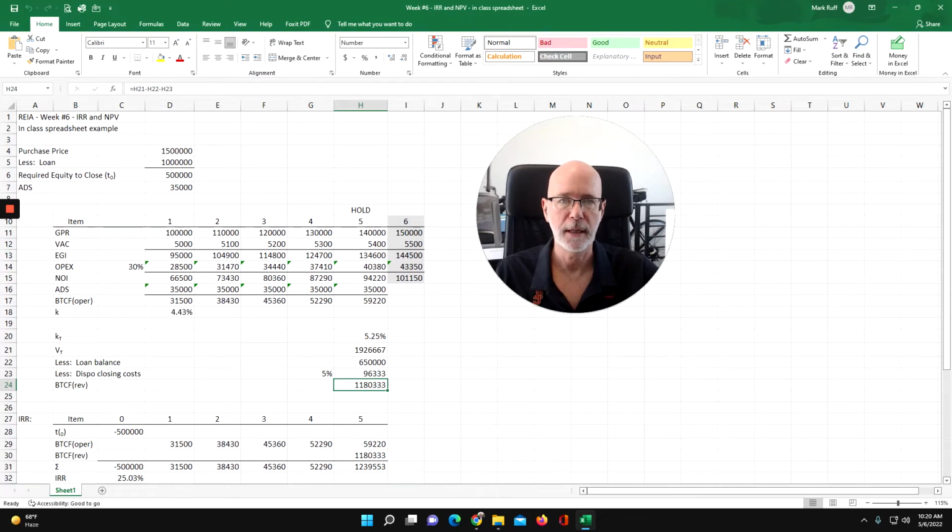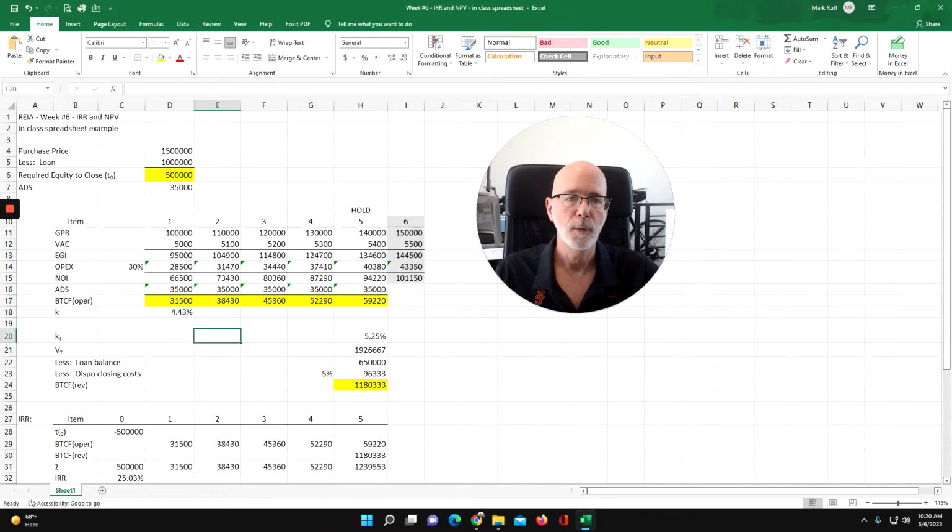Therefore, what we've done here is we've essentially underwritten 3 buckets of money. The first bucket is our time 0 amount to close, which we said is $500,000. Our second bucket of money is going to be our before tax cash flows from operations.